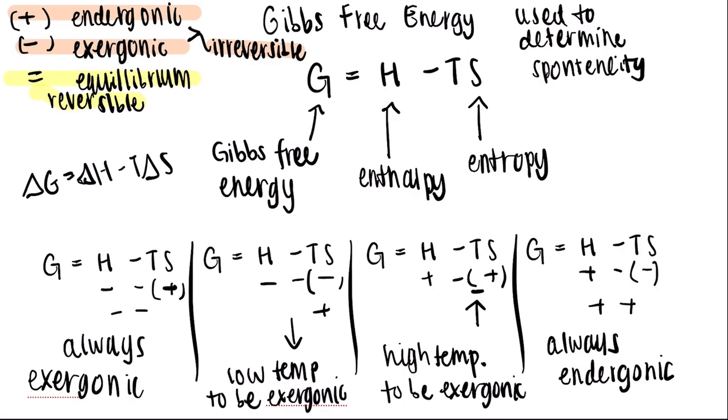So you have a negative enthalpy and a negative entropy. Again, a negative times a negative is a positive. But if you make it a low temperature, then it's going to be a smaller positive.